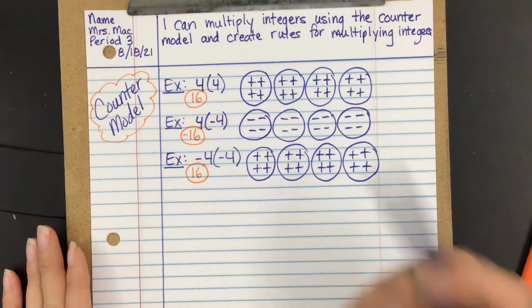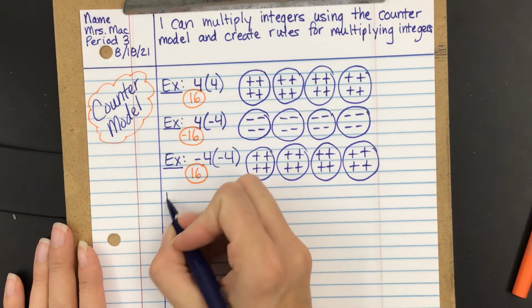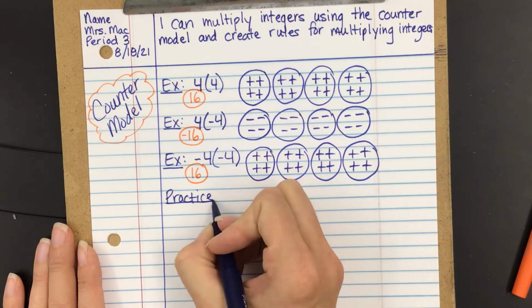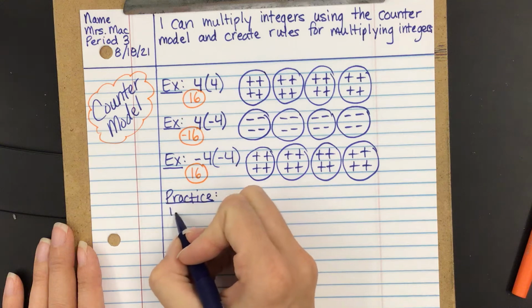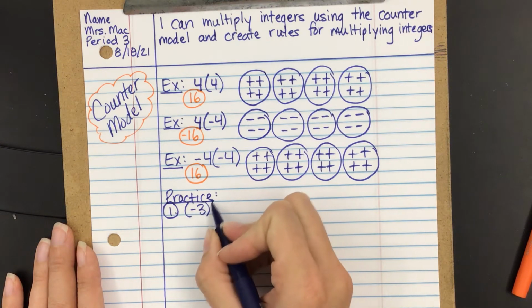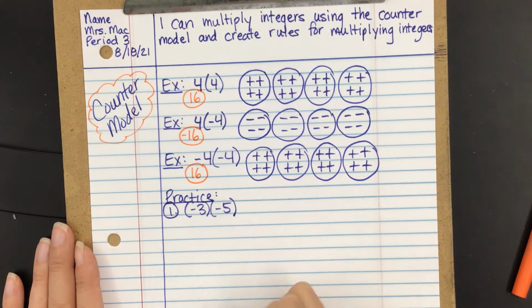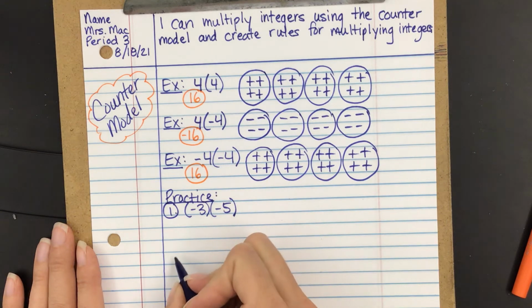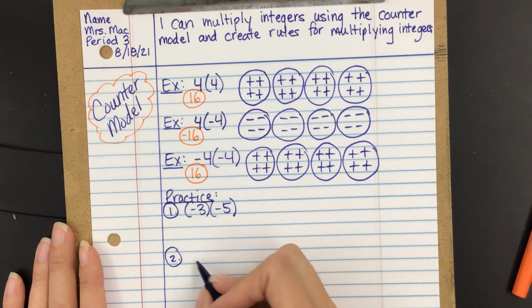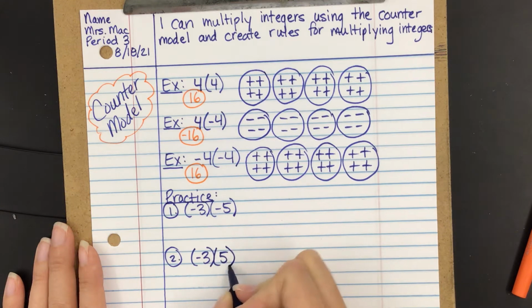Okay, I'm going to have you guys model just a couple here. -3 times -5. -3 times +5.